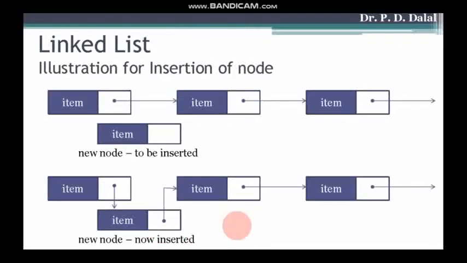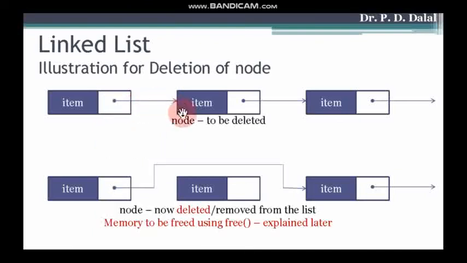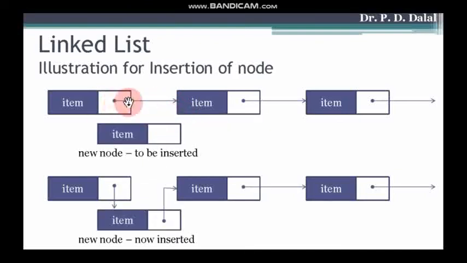Now, linked list illustration of insertion of a node. Suppose this is a linear linked list, and you want to insert this node in between the first and second, then you can just connect this pointer here and connect this pointer here.